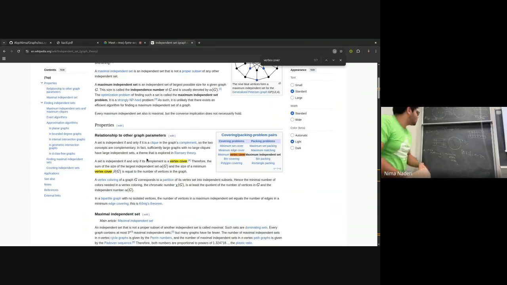If it's a vertex cover, we have an equality, right? But I don't think it is. Why not? You just take all these couples and that's it. Yeah, but that's an upper bound for vertex cover.